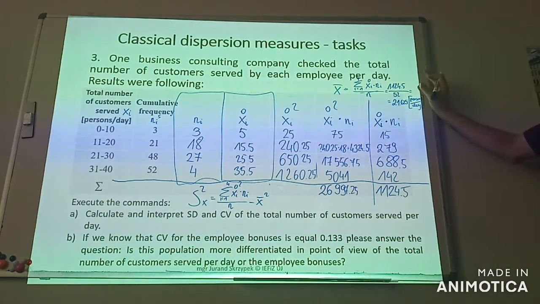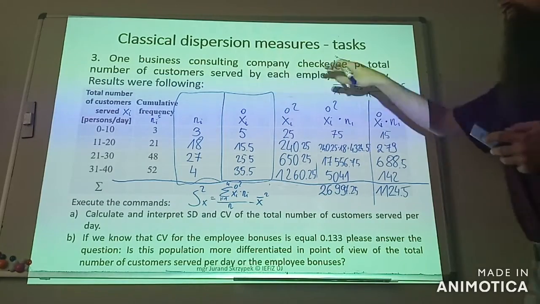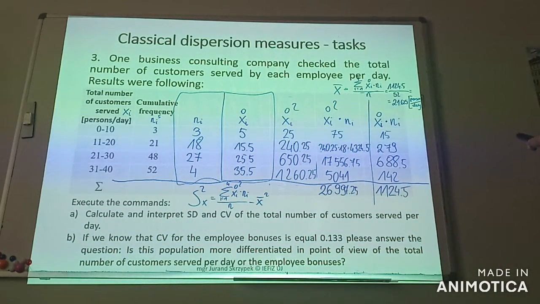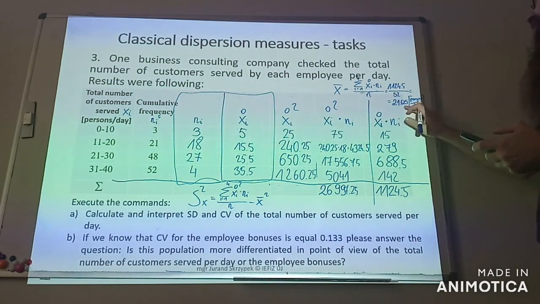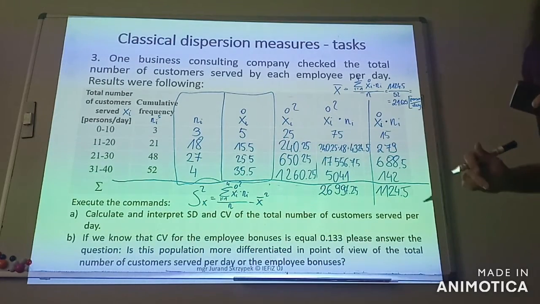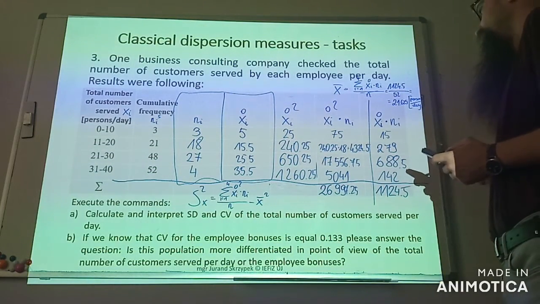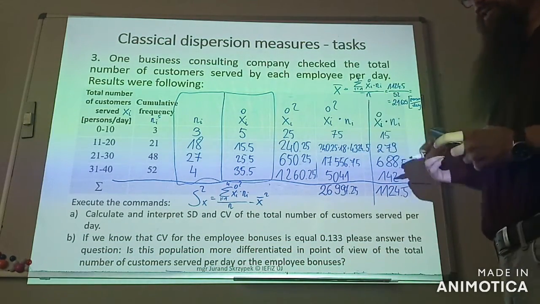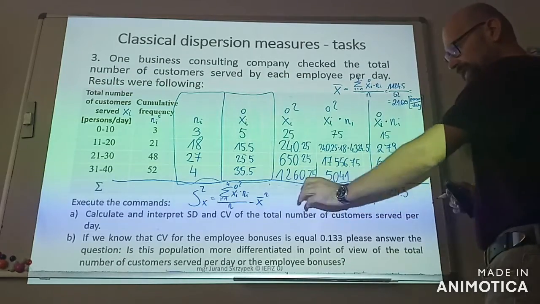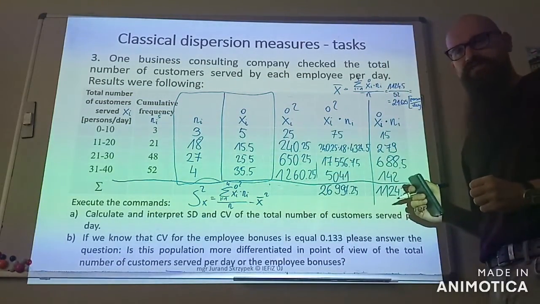Yeah, this is the average number of total customers served in one business consulting company. The mean number of customers served is around 22 persons per day. Okay, so currently I have all the partial results I need.